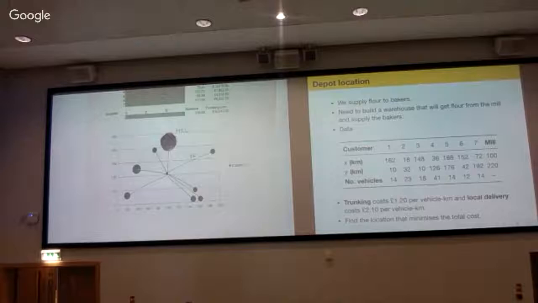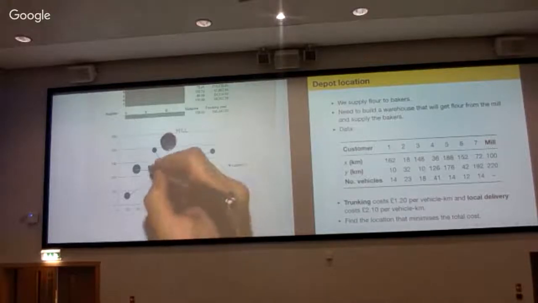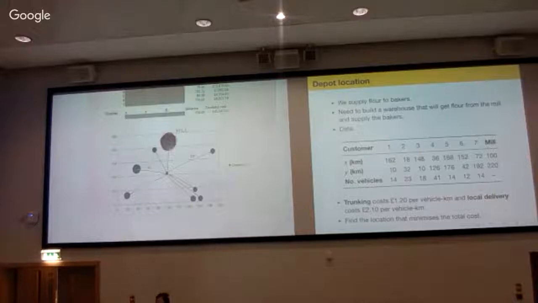Whereas this one, with coordinates about 30 something, 120 something, which one is that? It's probably number 4. That requires 41 vehicles per week. So each of these bakeries has a different demand per week. This one should have a higher weight, obviously, because you're sending 41 vehicles there every week, whereas to this one you're only sending 14.